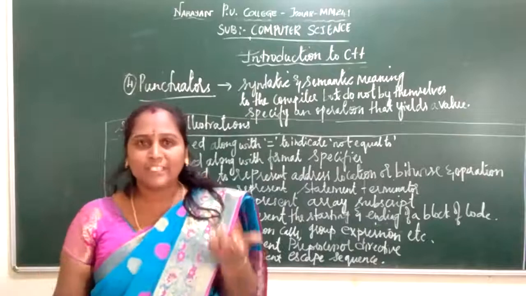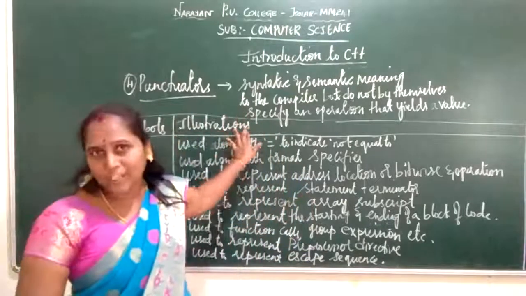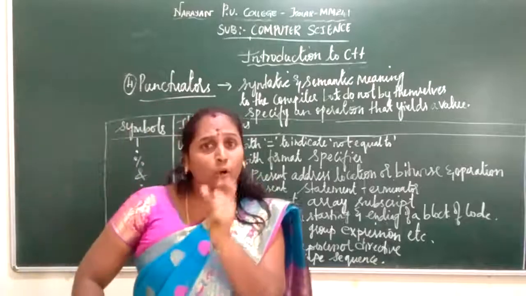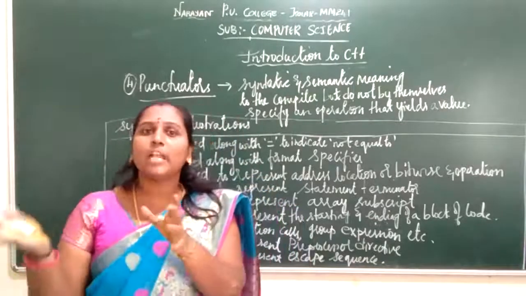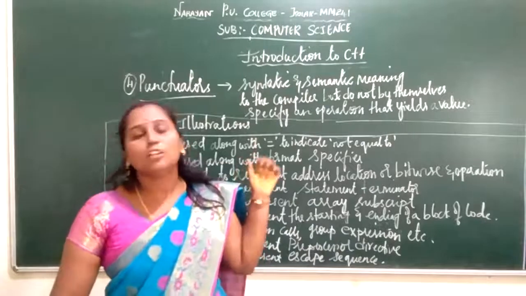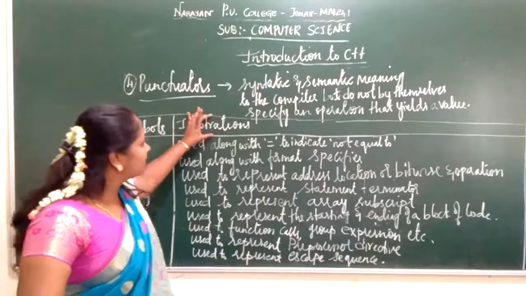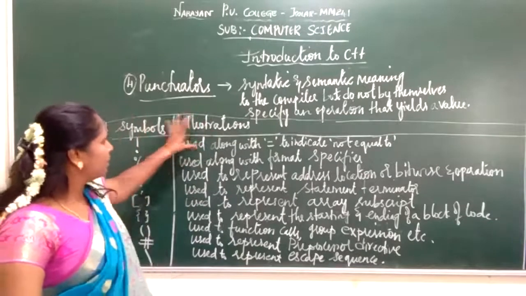You have to specify what kind of operation should be done. A punctuator can be alone and specify some meaning, or it can be combined with characters to specify the meaning. So some of the punctuators are given. These are the symbols, along with a description and illustration.